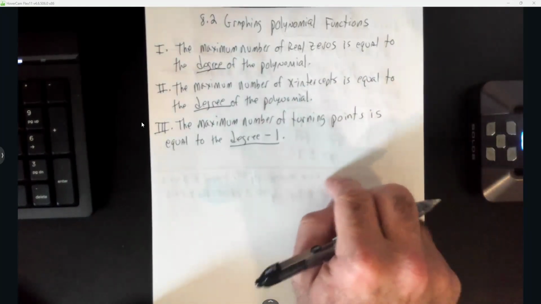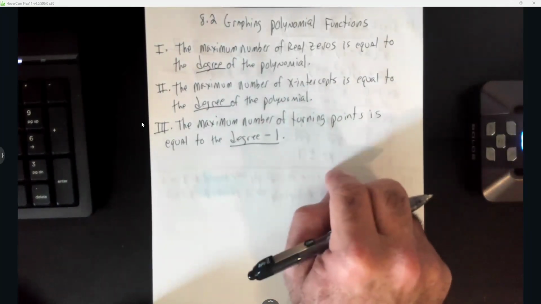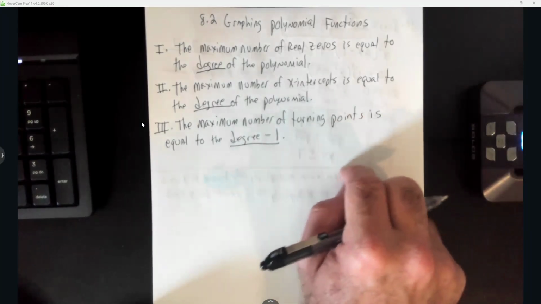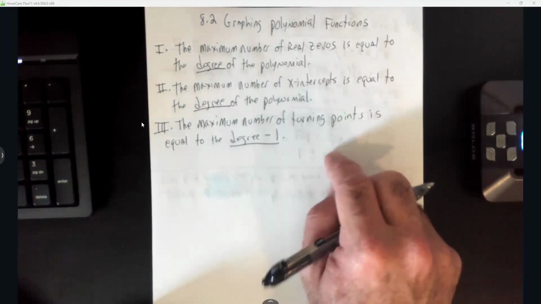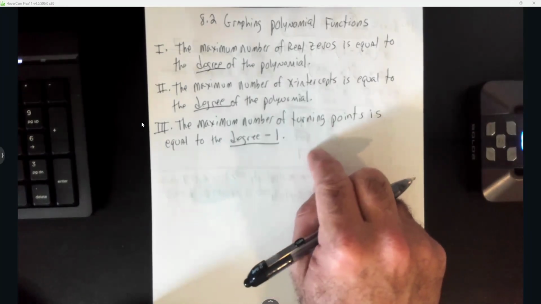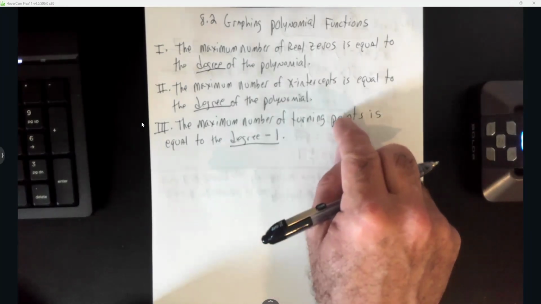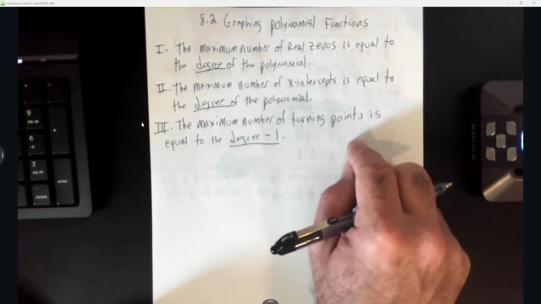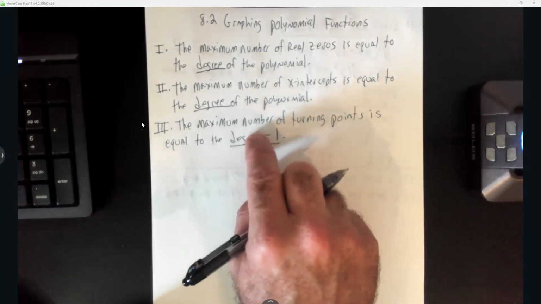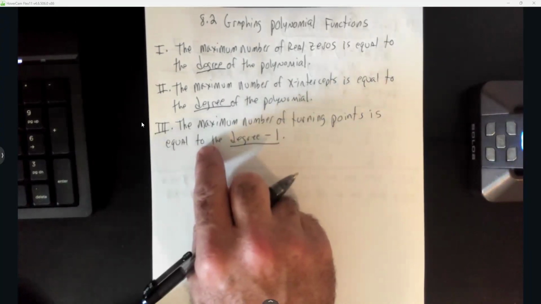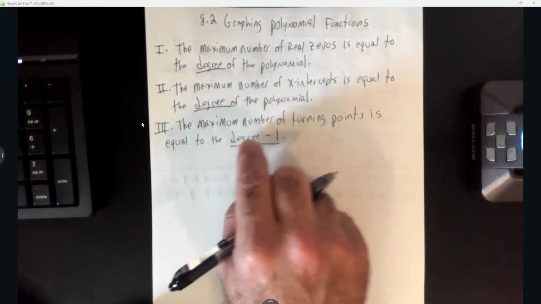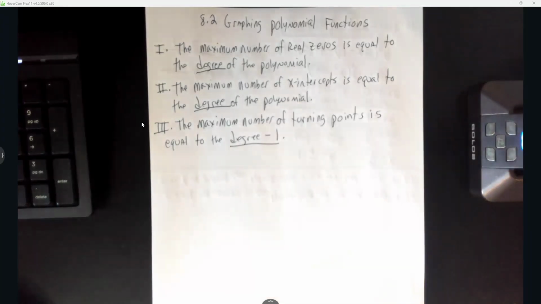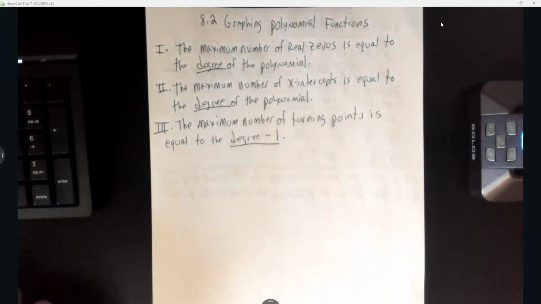So when we did x squared graphs, they turn one time. So 2 minus 1 gave me one turn. When we do the x cubes, they come up, turn again, and then go up. They turn twice. 3 minus 1 was 2 times, okay? So the maximum number of turning points is equal to the highest exponent minus 1. So y'all, let's look at these first few problems and see what we would do to them.